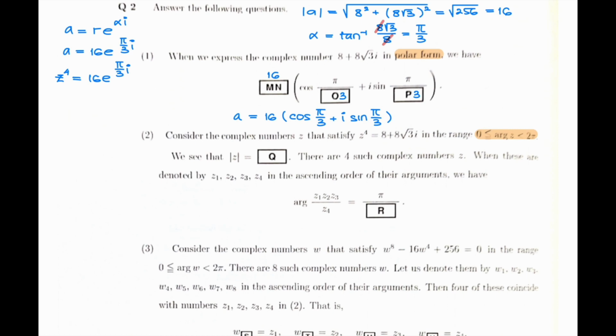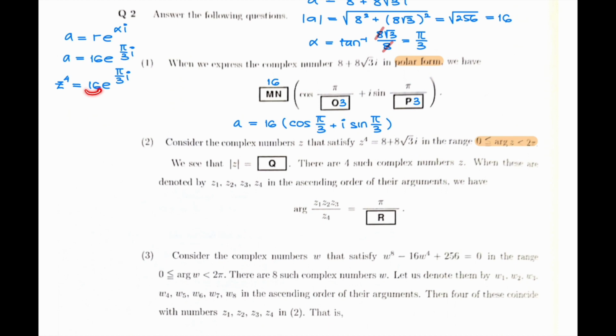So to find the modulus of z, remember the number here is the modulus, and then the index or power here is the argument. So if I want to find the modulus of z, I can simply take the fourth root of this 16. So z is equal to the fourth root of 16e^(pi over 3 i).